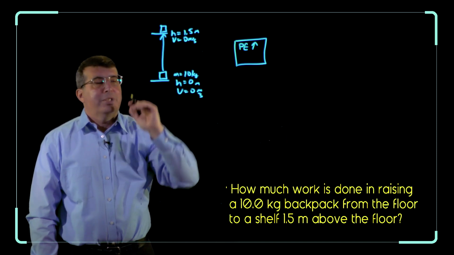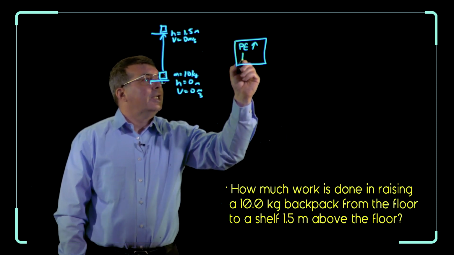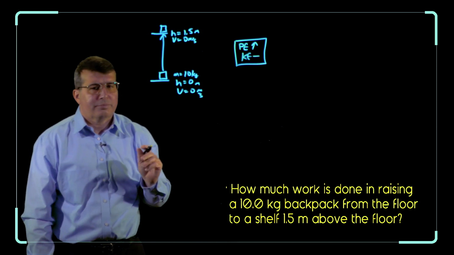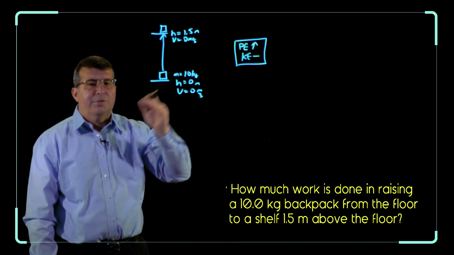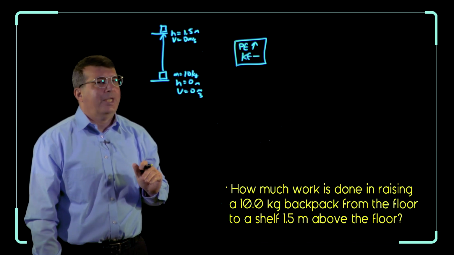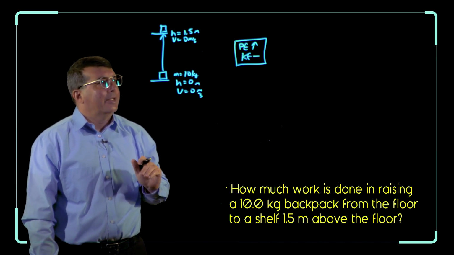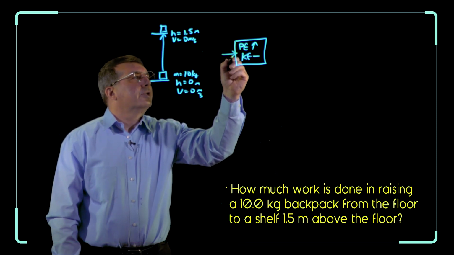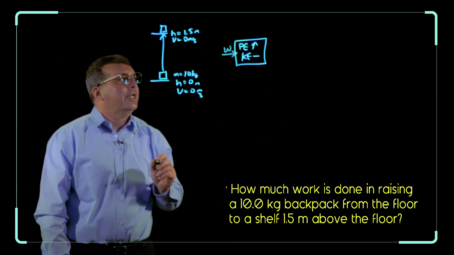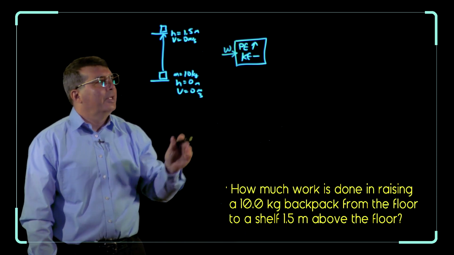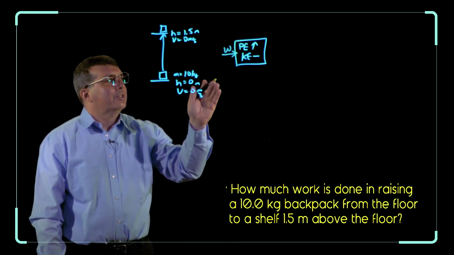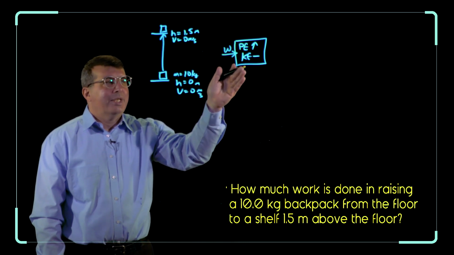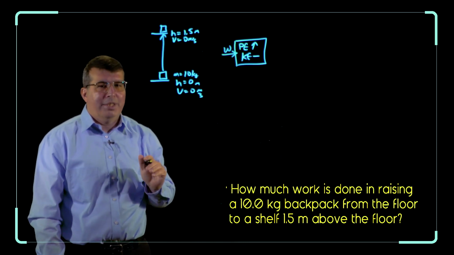It's not moving when it's on the shelf, so the kinetic energy stays the same. So we have an increase in potential energy, no change in kinetic energy. And the way that the potential energy increased is that we have some work being done. So that is our energy diagram for this situation. We have potential energy increasing, kinetic energy staying the same, and work being done.